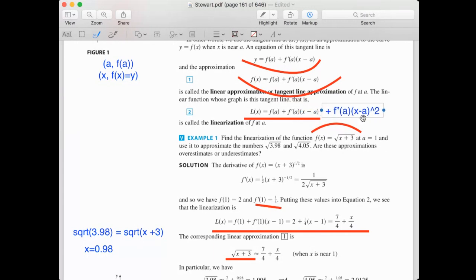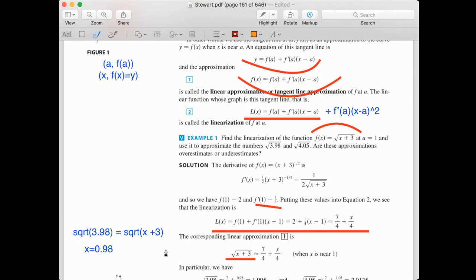That would be a quadratic, so second degree approximation. And if we want to be more accurate, we will keep adding f triple prime evaluated at a, with the difference being cubed, and so on and so forth. So the better calculator we buy, the better approximation we will have, and the higher the degree of derivative will go.